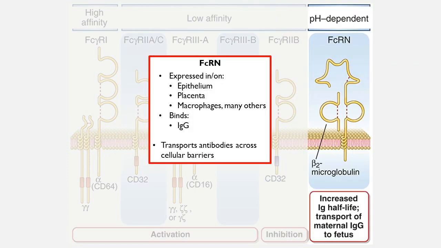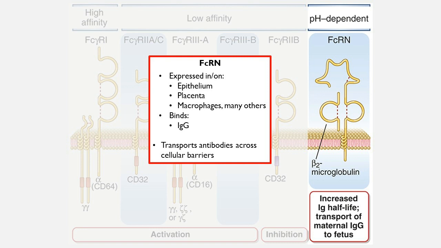And then finally, we're going to come back to the Fc neonatal receptor, which we talked about, I think, way back in chapter 5. This is expressed on a variety of cells, all across the epithelium, the placenta, a few macrophages, and other types of phagocytes. So we want to associate this not just with transport across the epithelia, but also with phagocytes, because that's how our body naturally processes some antibodies to get rid of them.